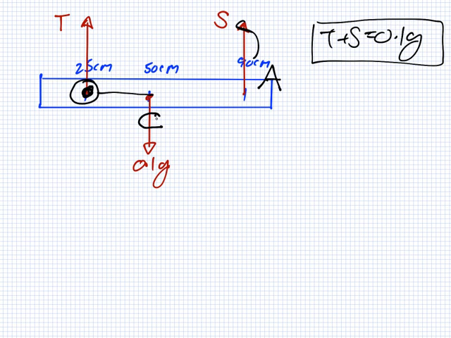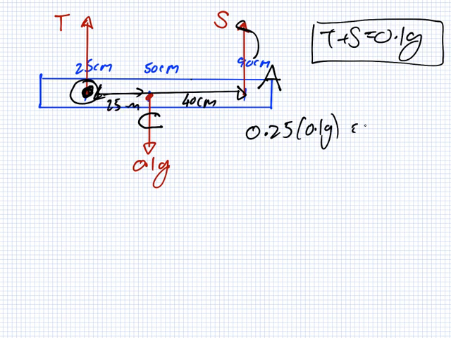The first one. 0.25, this distance, times 0.1 g. And that should equal this one. And what's this distance here to here? Because this here is a 40, isn't it? And that's a 25. So yeah, 65. Times S.